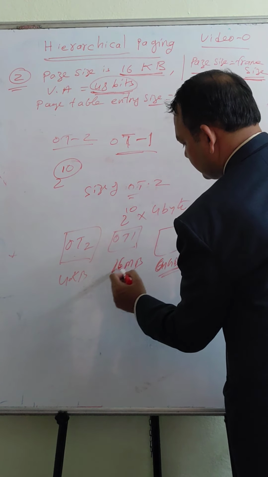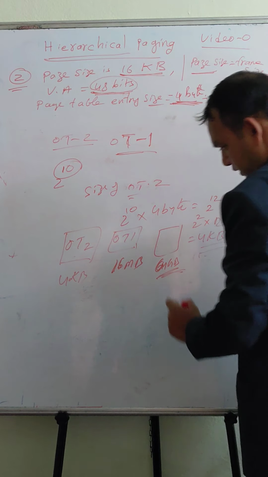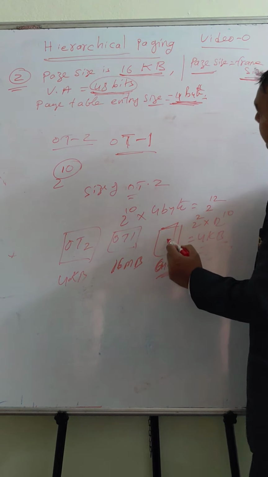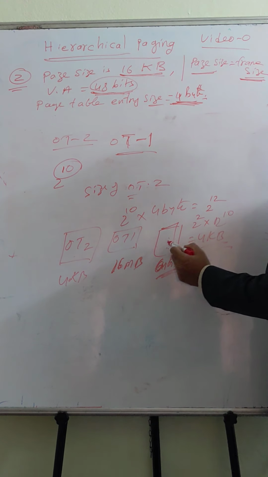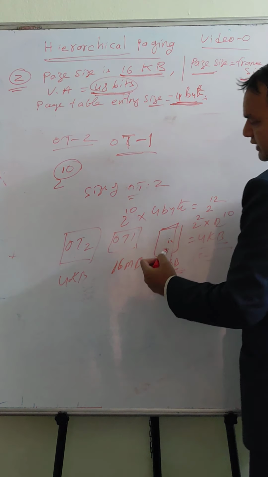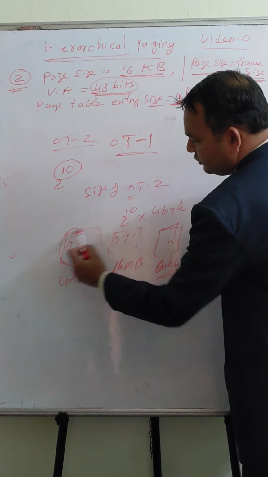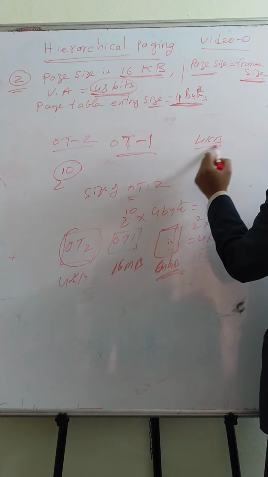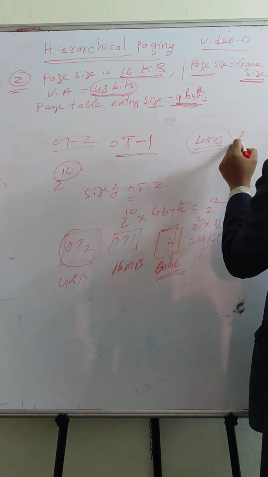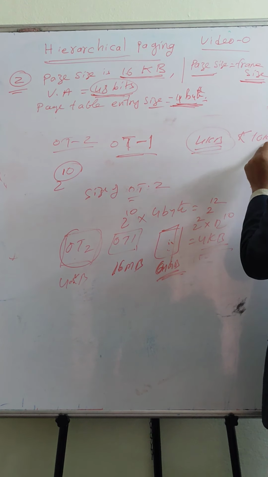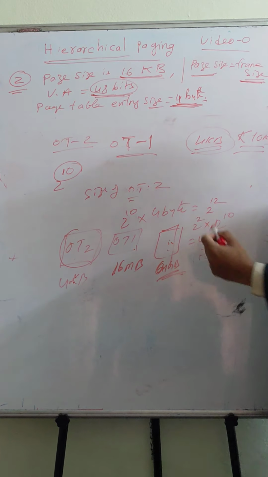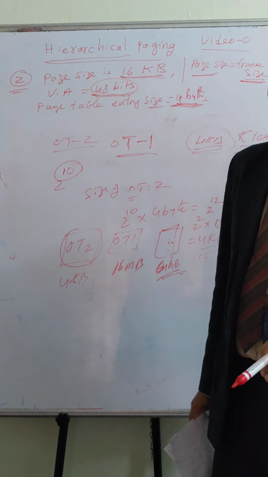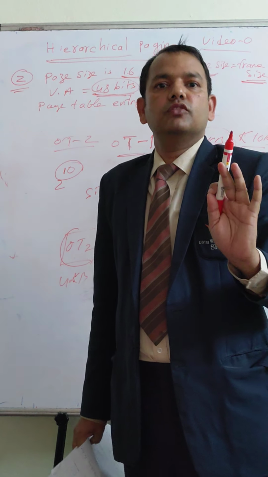First we calculated that it was so big it could not fit in a single page or frame. Then we divided it into sub-tables. Now this 4 KB table definitely fits into 16 KB, since it is less than 16 KB. Now this table is stored in one frame.